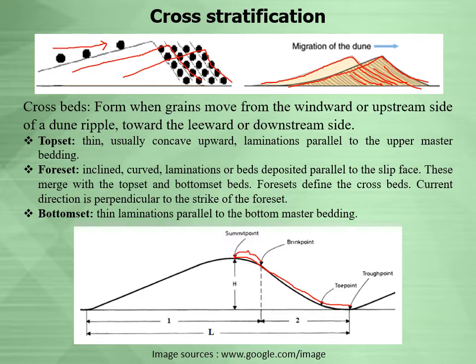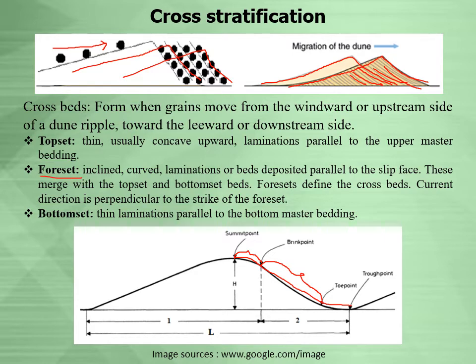This portion is known as the top set, and you can see it is the gently inclined portion. The inclination of this portion is very shallow. Secondly, the steepest portion of the lee side is the slip face of a ripple or dune, that is bounded from the brink point to the toe point. That is the most steepened part. It is known as the foreset.